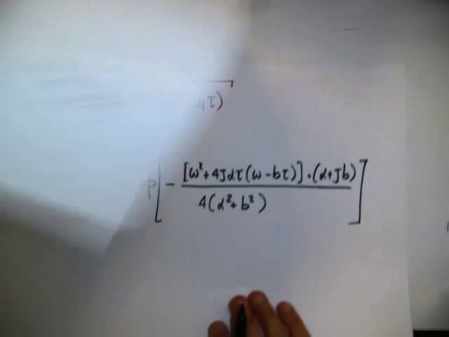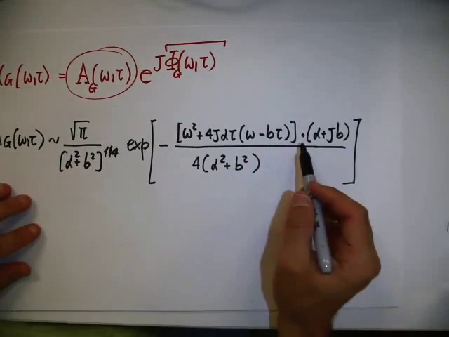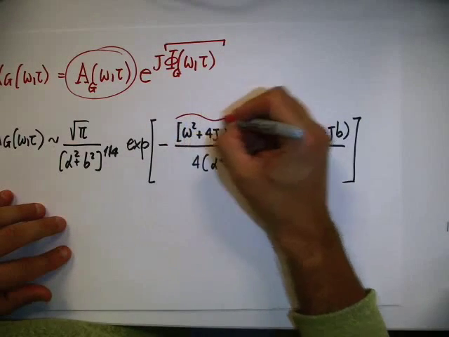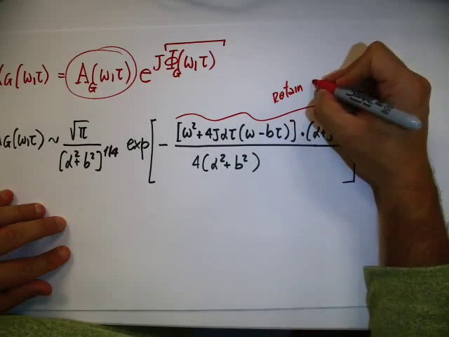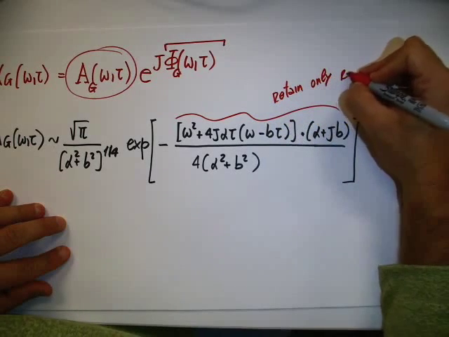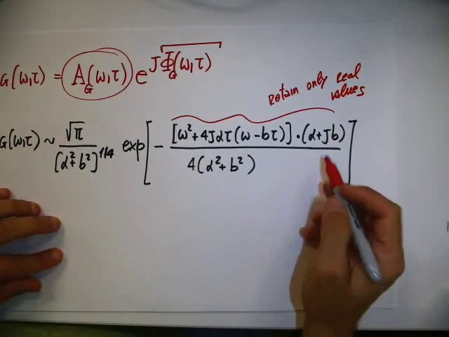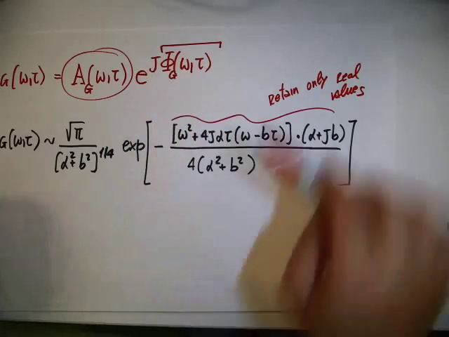Of course, when I do this multiplication, I simply have to retain only real values. I don't care about the complex values because they will go to form the phases.